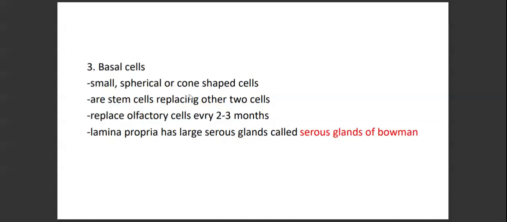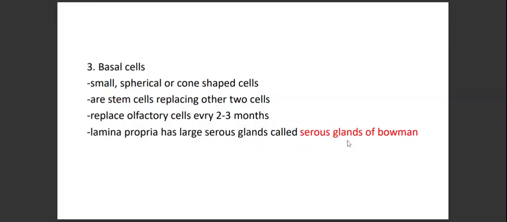Okay, so if these neurons are not cleaned by this serous fluid, it means if this type of smell particles bind there and they stay there, the next type of smell that needs to be sensed or bind there will not be recognized, because there will already be something there. So that is why it is important that these glands are there, and they produce this fluid so that they keep cleaning those neurons, so that they keep binding new odoriferous elements. Okay, that is why these glands of Bowman are very important.